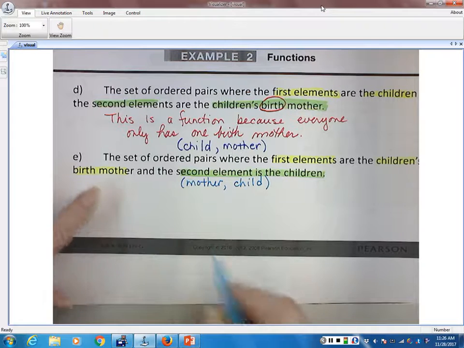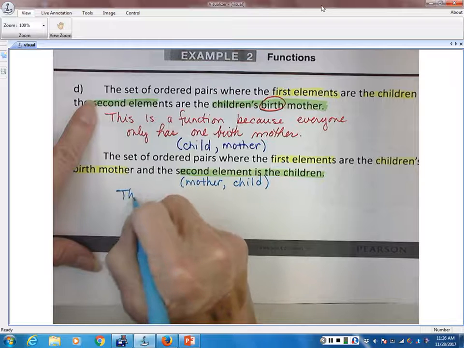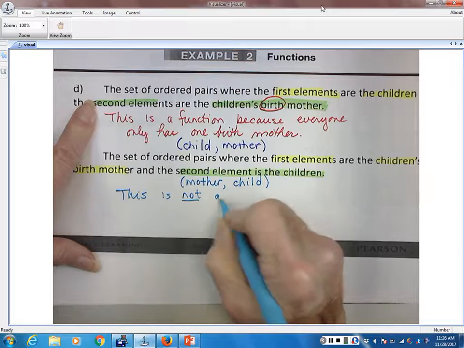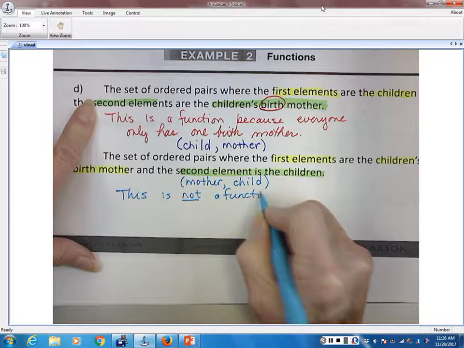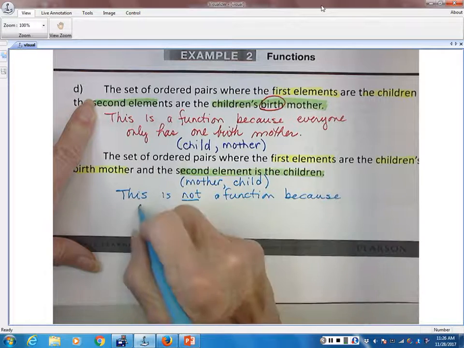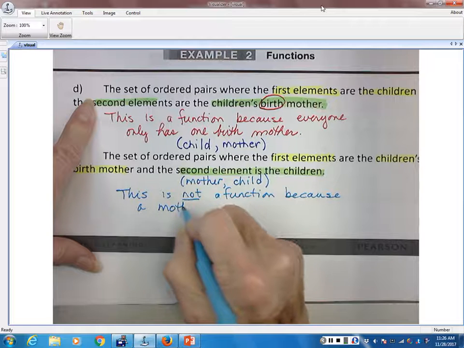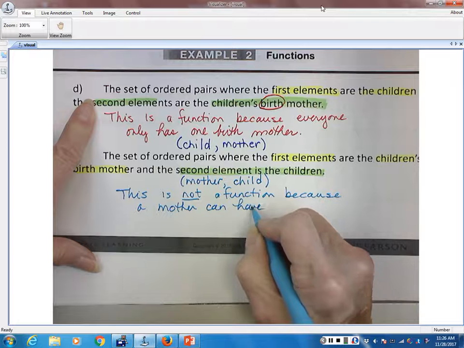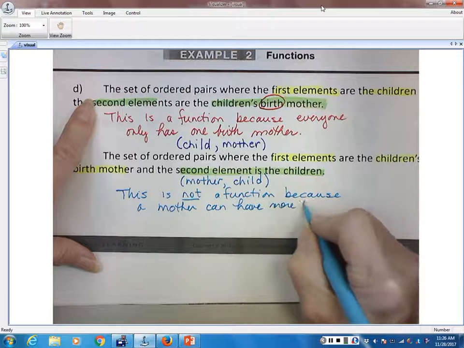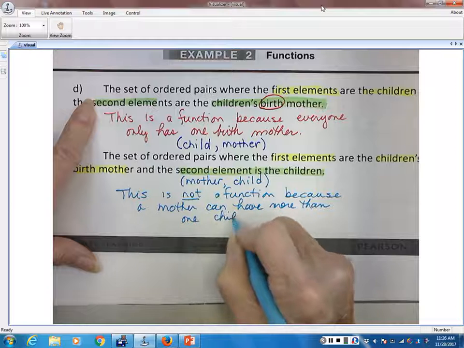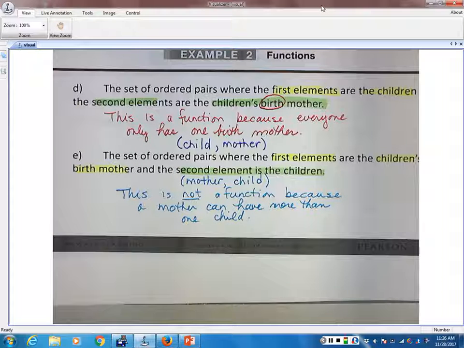So because of that, this is not a function, because a mother can have more than one child.